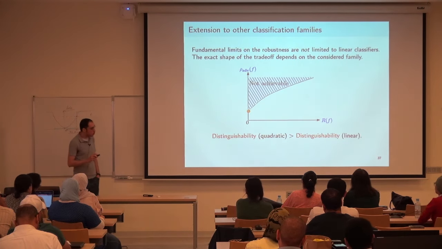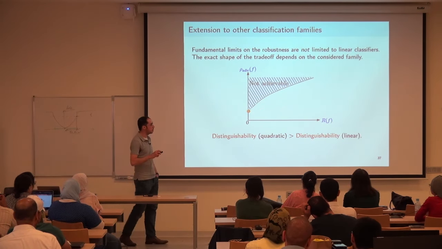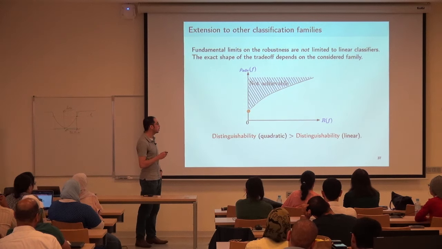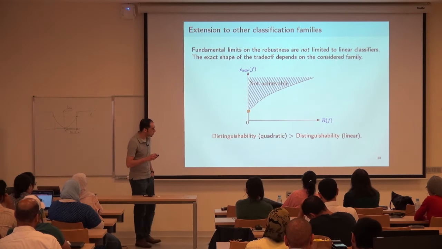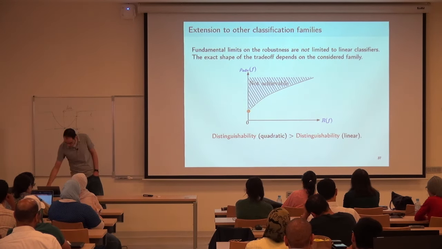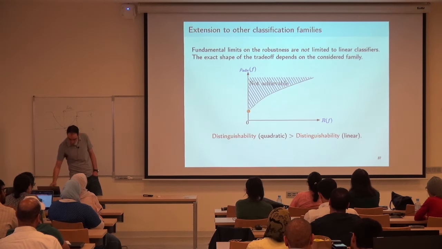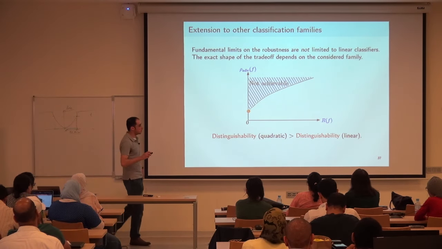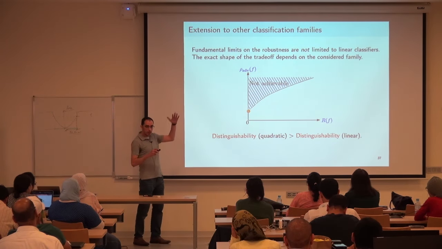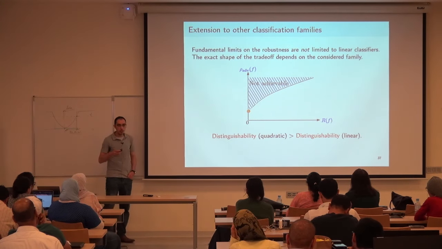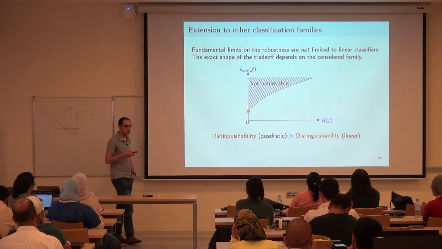If you look at quadratic classifiers, you also have the same kind of fundamental upper bounds on the robustness. The interesting thing is that if you compare the not achievable region of linear classifiers and the not achievable region of quadratic classifiers, this one is higher, in the sense that you can achieve better robustness-risk trade-offs with quadratic classifiers.